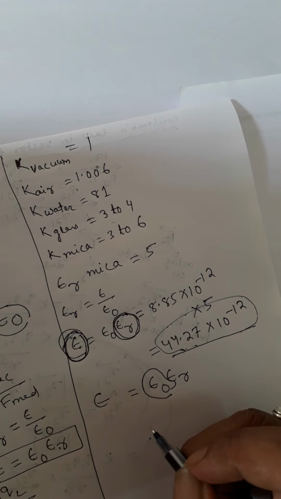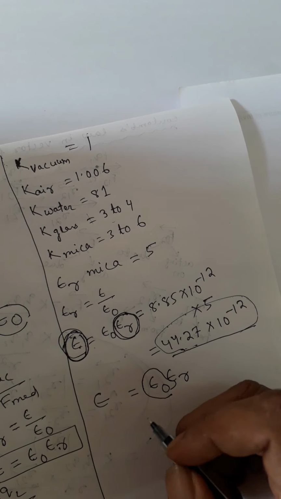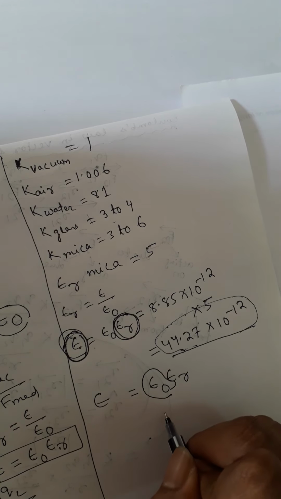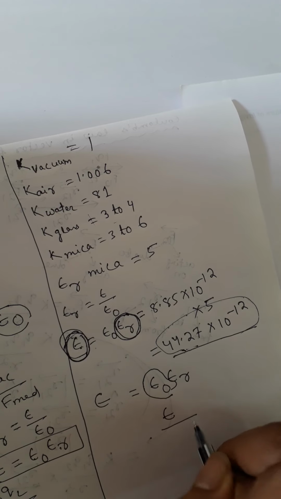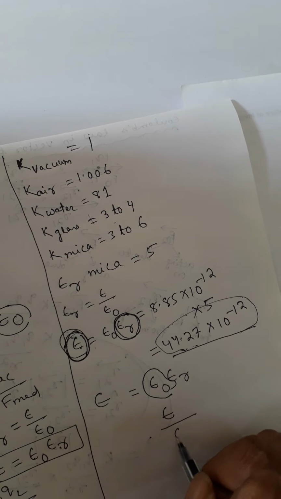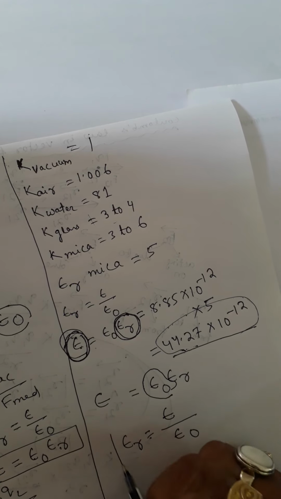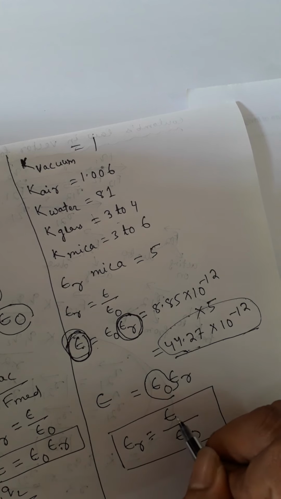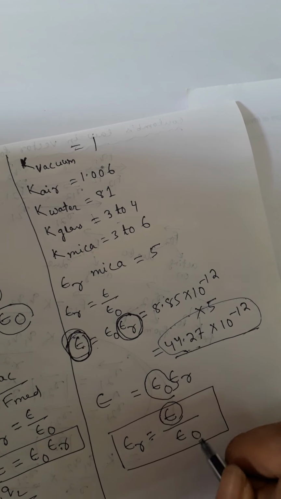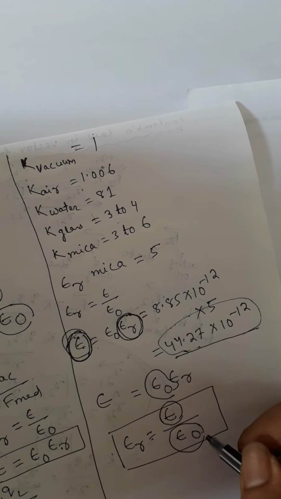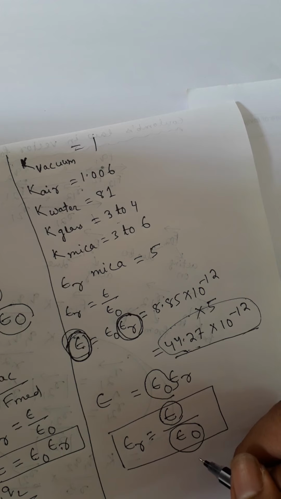Then we compare the absolute permittivity of a medium with the absolute permittivity of free space, that is relative permittivity. The permittivity of any medium should be compared with the absolute permittivity of free space. Why? Because the permittivity of free space is taken as unity.